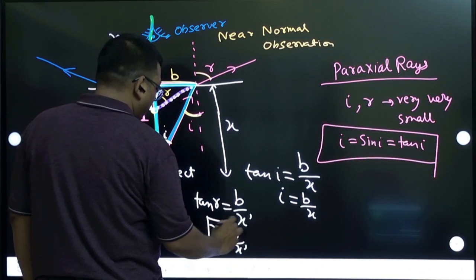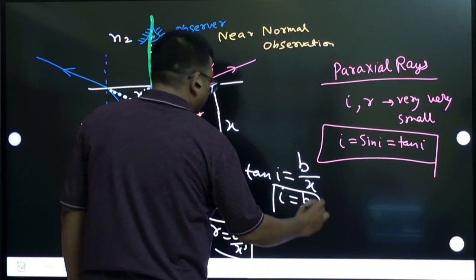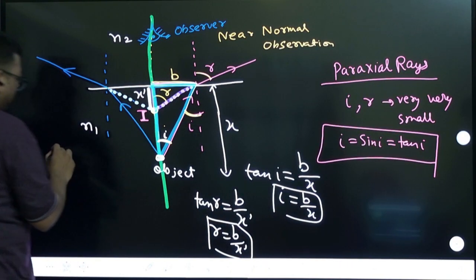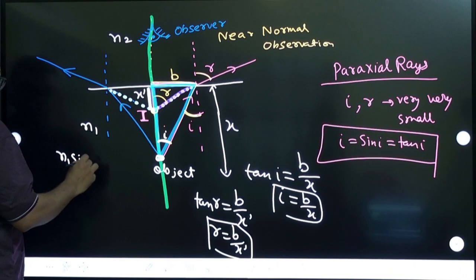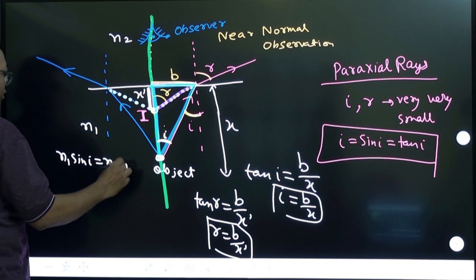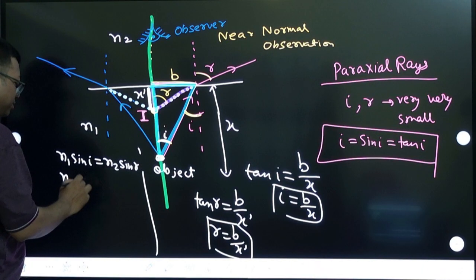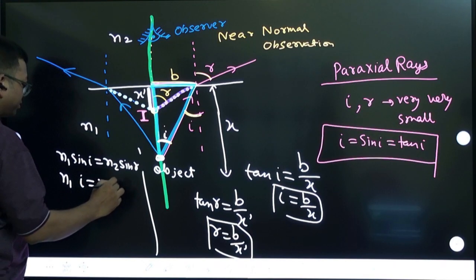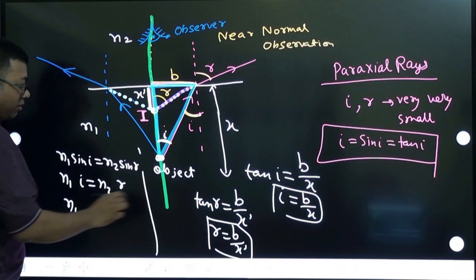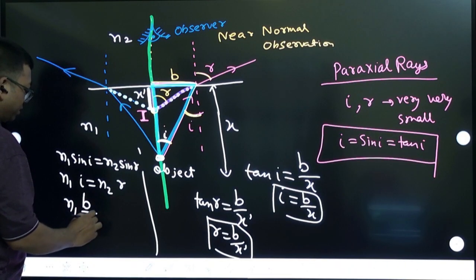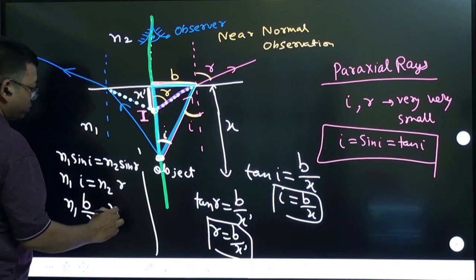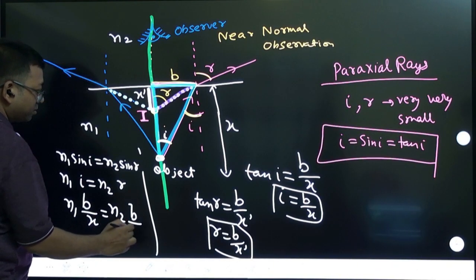So we got R, we got I. Now apply N1 sine I is equal to N2 sine R. So from here, sine I is very small I, and sine R is very small R. So now I we will substitute as B by x, and R we substitute as B by x dash.